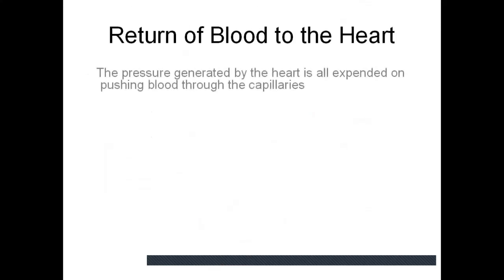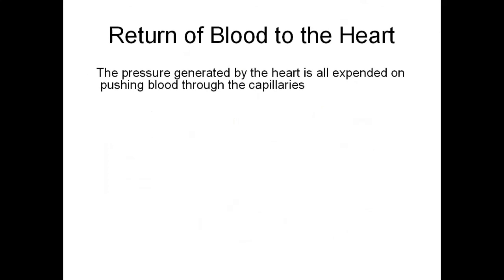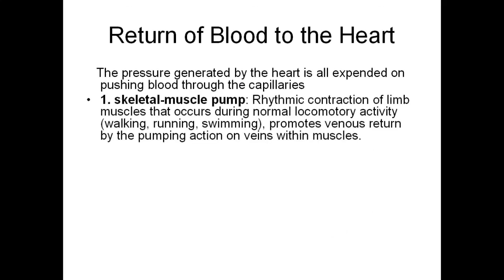So how does blood return to the heart? Well, it returns because of exercise and the skeletal muscles. Rhythmic contraction of limb muscles squeezes the veins, and blood is forced to move in these veins.